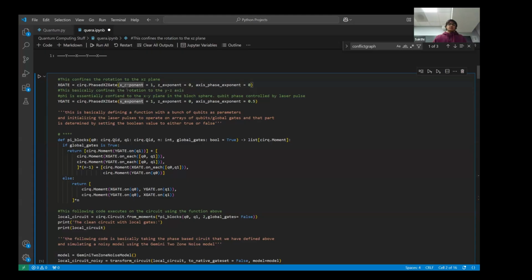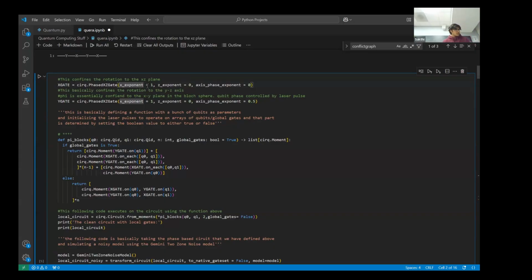In this case, the axis phase exponent times pi is going to equal phi, and then theta is just going to be pi times the X exponent.